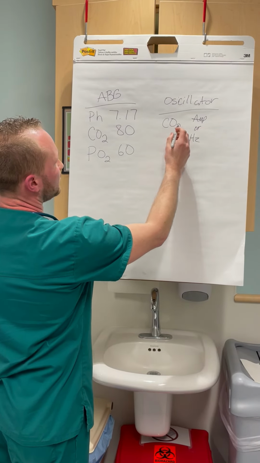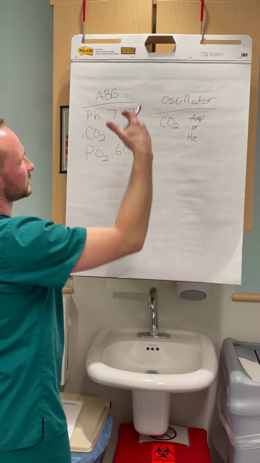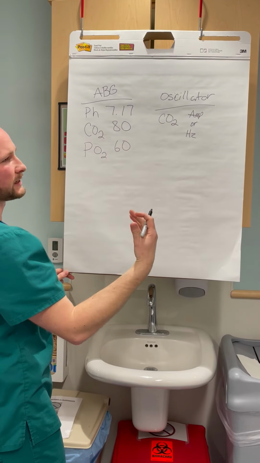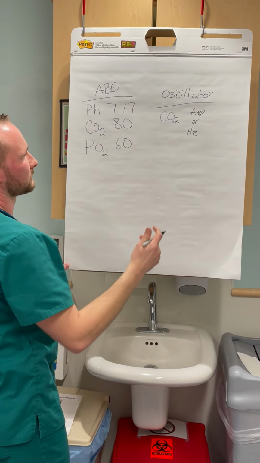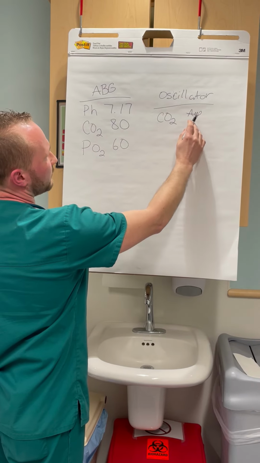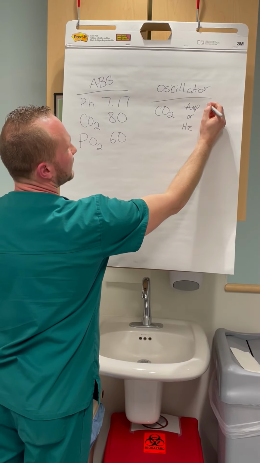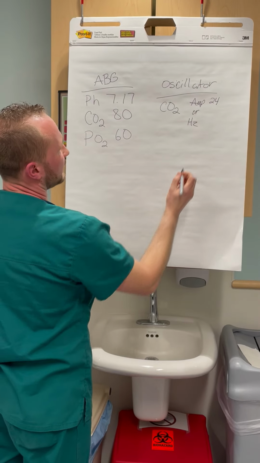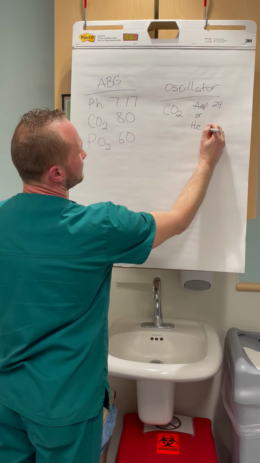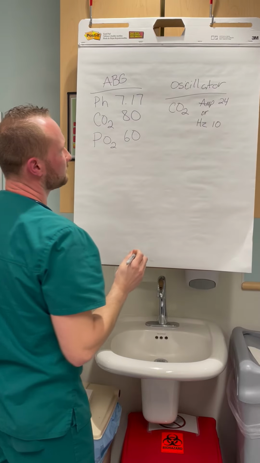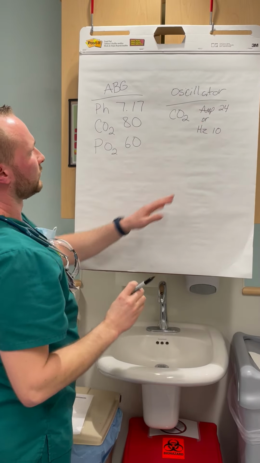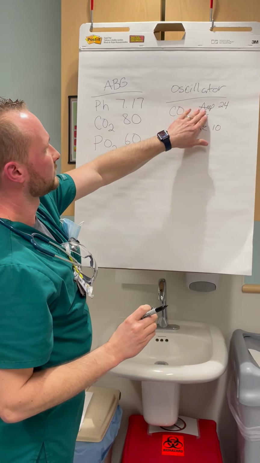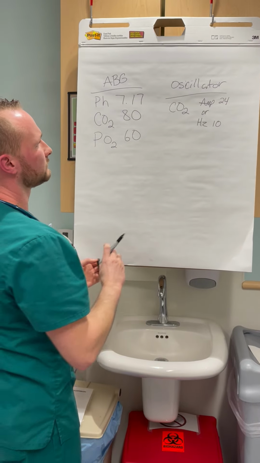So if our CO2 is high, we want to try to drive that CO2 down so that our pH is driven back up. So our amplitude, let's say it was 24 and our hertz was 10, we could turn our amplitude up.